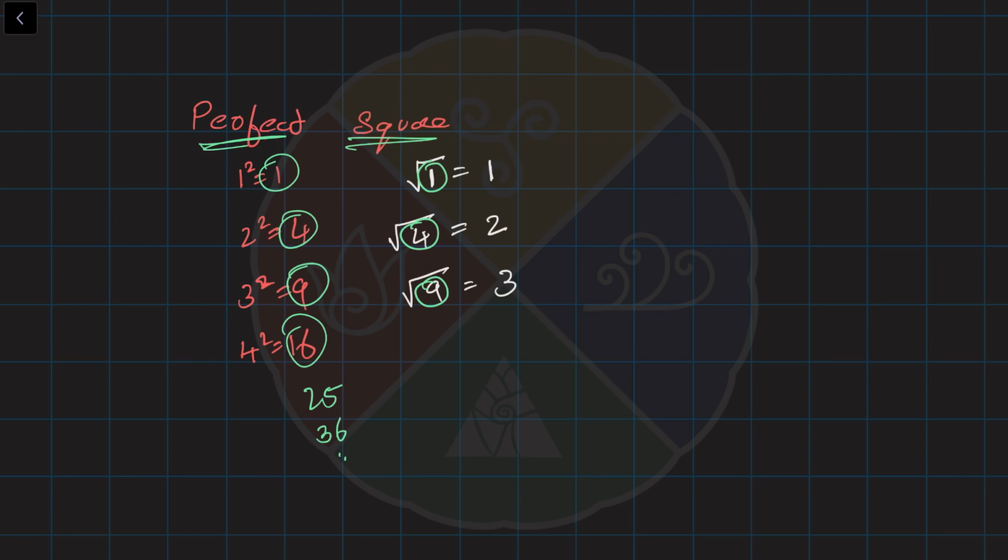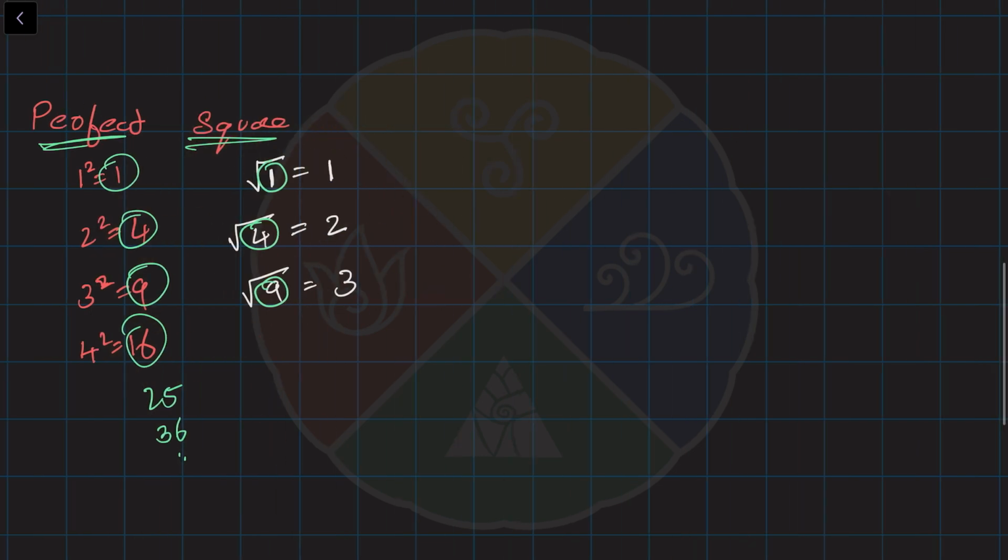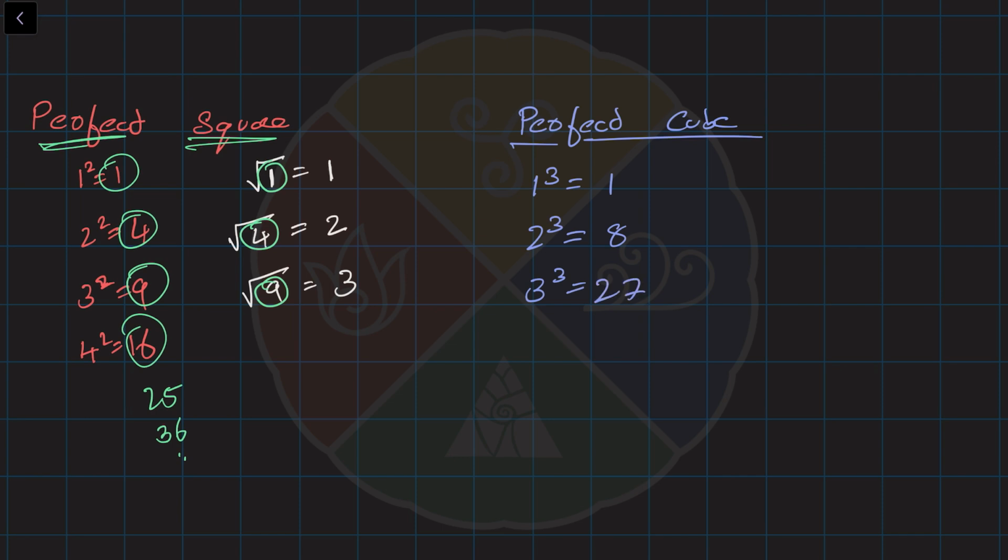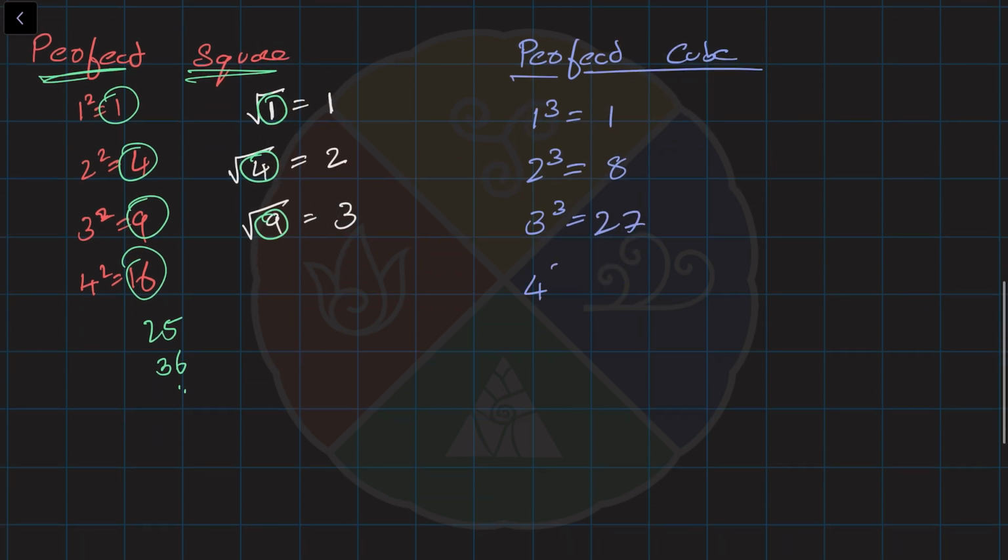Similarly, perfect cube. What is a perfect cube? Take any natural number and cube it. You are going to get 1, 2 cube is 8, 3 cube is 27, 4 cube is 64, 5 cube is 125.